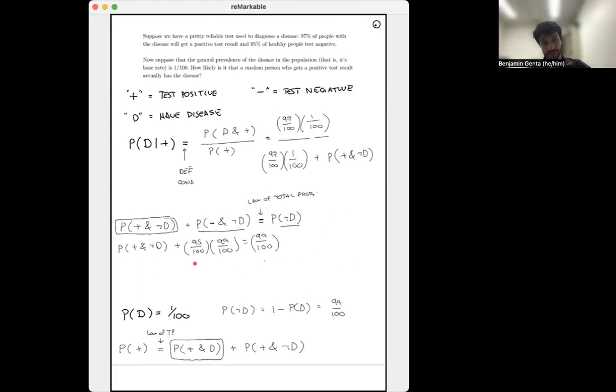And so we subtract this part and bring it to the other side, and we get that the probability of testing positive and not having the disease is equal to 99 over 100 minus, right, this is actually minus, it's not testing negative, 95 over 100 times 99 over 100. And now we have what we want over here, right?